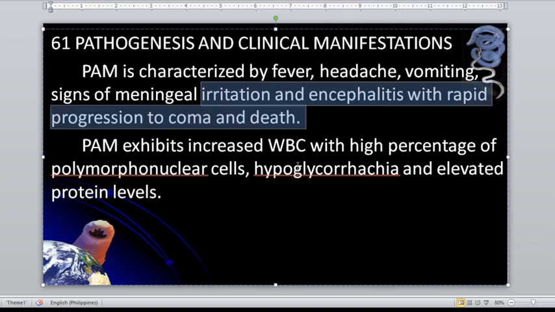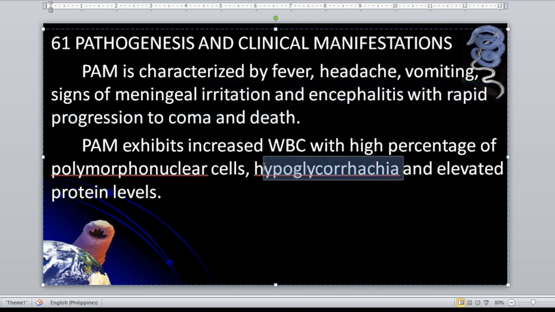PAM exhibits increased WBC with a high percentage of polymorphonuclear cells, hypoglycorrhachia, and elevated protein level. What do you mean by hypoglycorrhachia? That is a low level of glucose in the CSF. That is the counterpart of hypoglycemia, but hypoglycemia refers to low sugar level in the blood. This one is for the CSF.